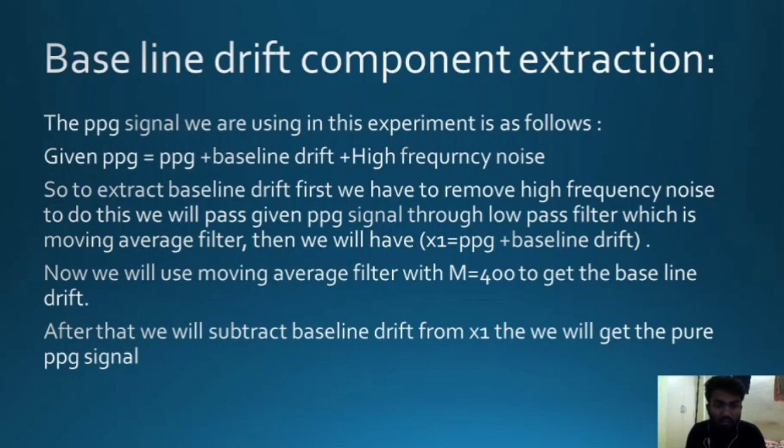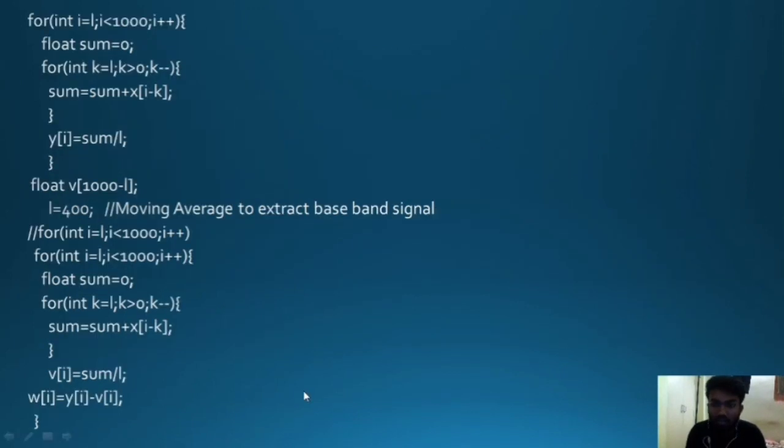Now we will use the moving average filter with m equals 400 to get the baseline drift. Then we will subtract the baseline drift from x1 to get the pure PPG signal.